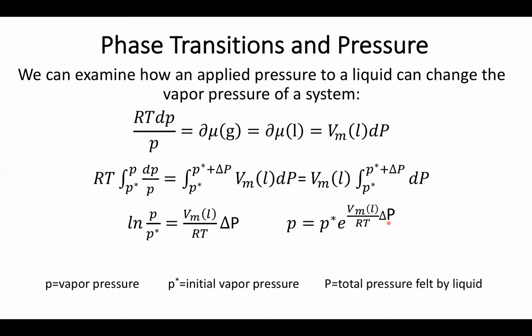So for example, if I'm looking at water and I apply an additional 1 bar of pressure, so say I start at the initial vapor pressure of the system and I apply an extra 1 bar of pressure, it turns out that we end up within 0.07% of the right answer.